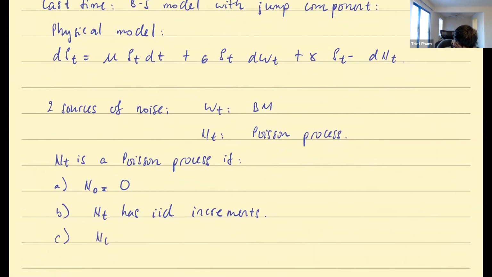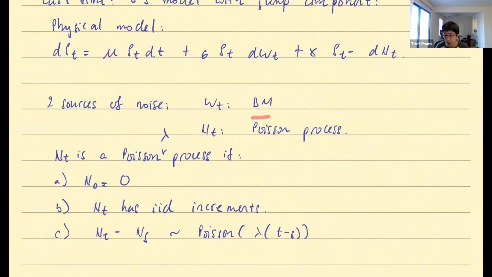And to completely specify the picture, we need a Poisson lambda process. Okay, so we need to specify the rate. So unlike the Brownian motion, where the Brownian motion does not depend on any parameter, the Poisson process itself requires a rate to completely specify it. Okay.